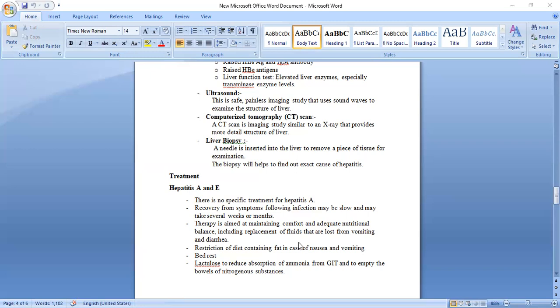The fluids you are taking should be clean and clear. Because of the symptoms of vomiting and diarrhea, we lose most of the fluids from our body, isn't it?